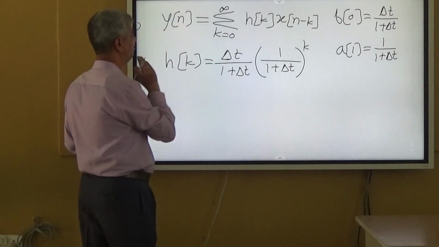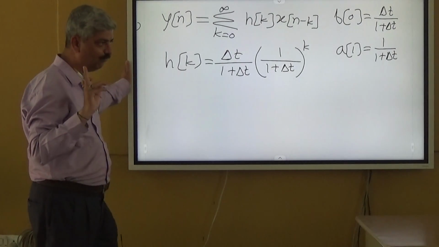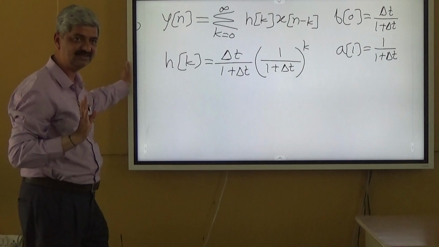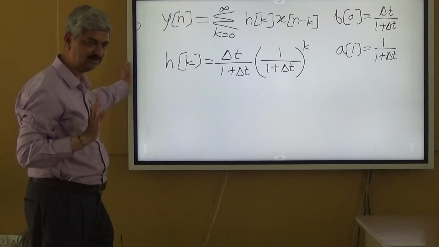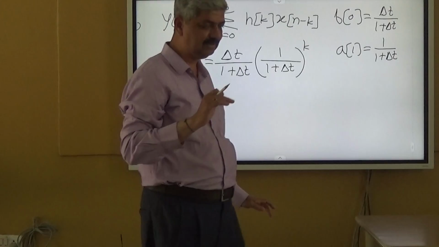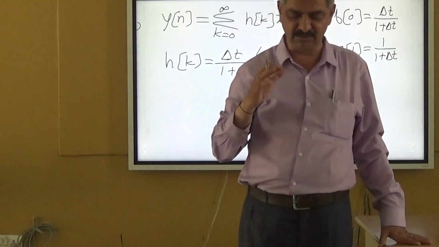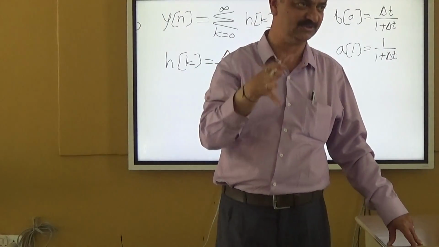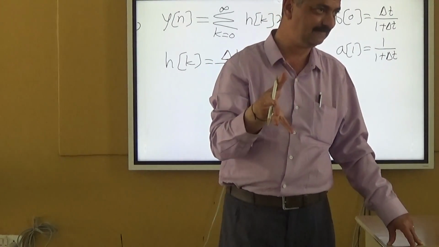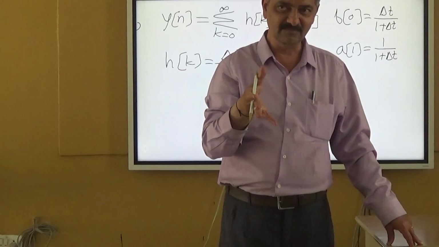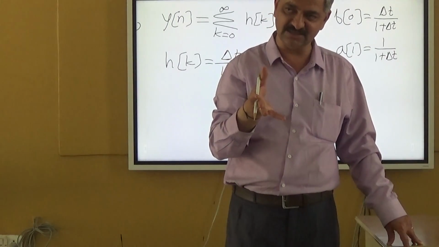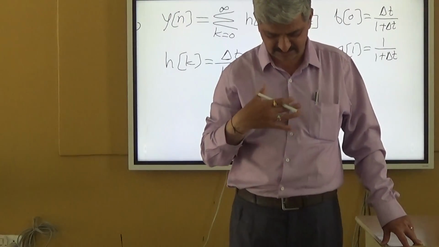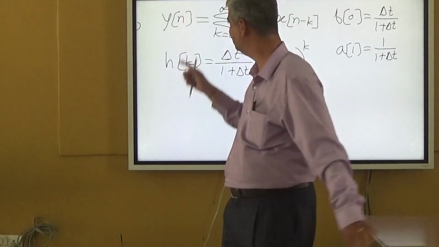So the y[n] formula is given, right? Formula is given. Ultimately, see, the actual process is a continuous process. y(t) and x(t) are there. But since discretization is quite easy to think in a straightforward manner, we did this.